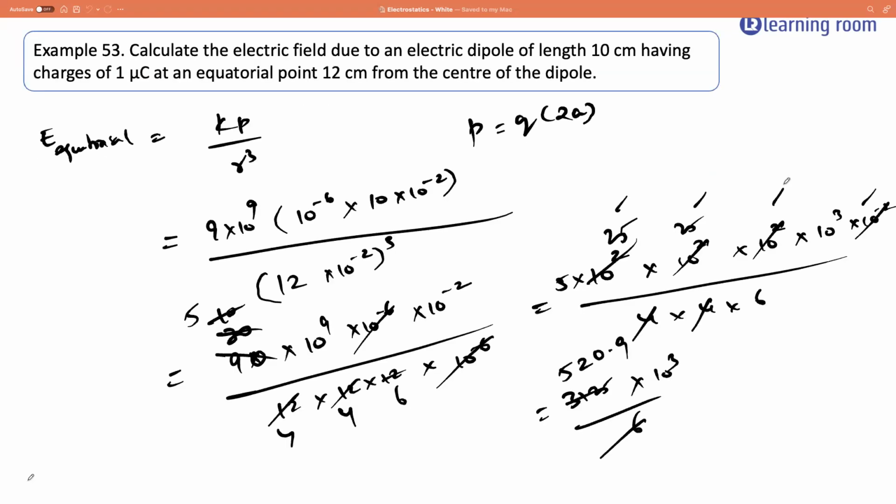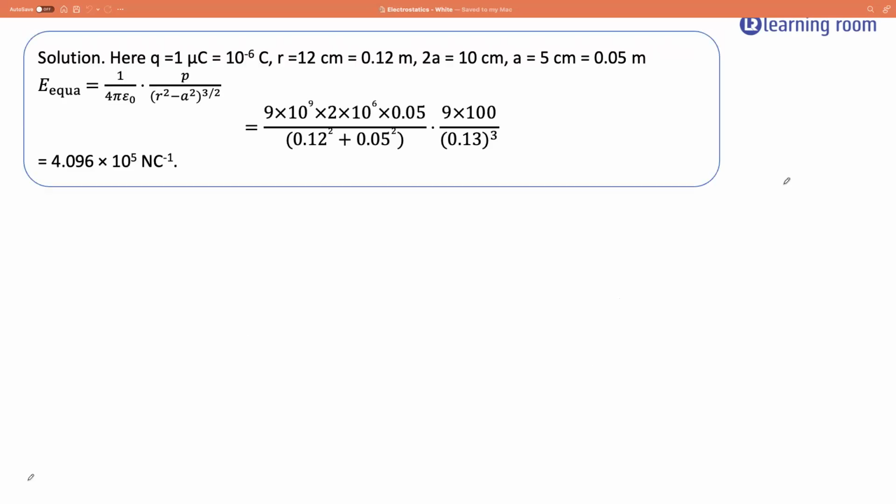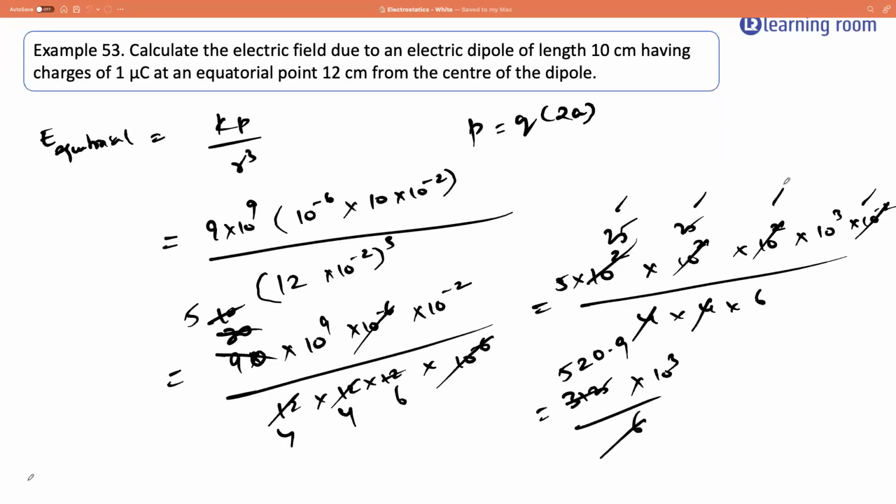4.096. Where did I go wrong? 0.12 plus 1 minute. Sir, they took r square minus a square whole power 3/2. Which one? In second line, or in the denominator, 12 into 5.